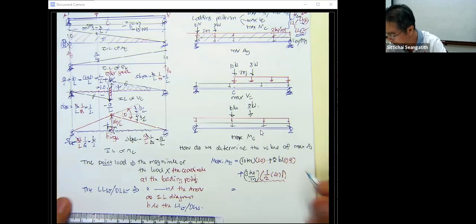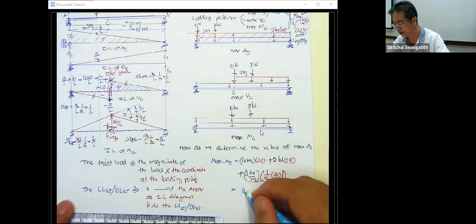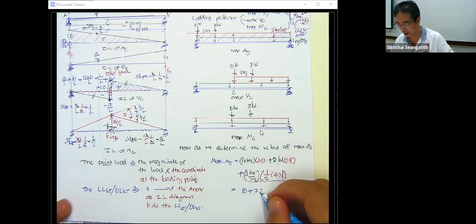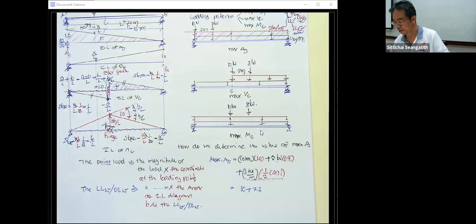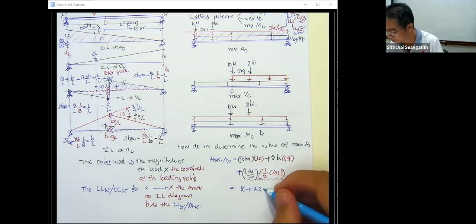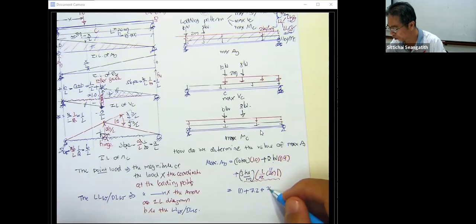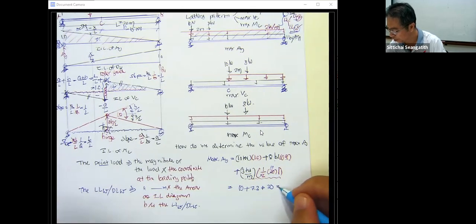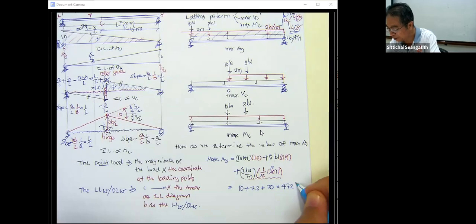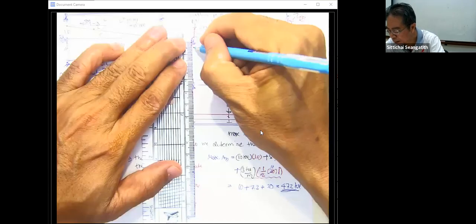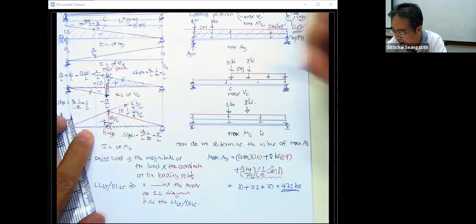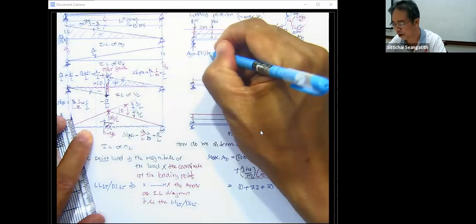That is going to be 10 plus 30, so you get 47.2 kilonewton. That is going to be the maximum of the A sub y in this case, 47.2 kilonewton.